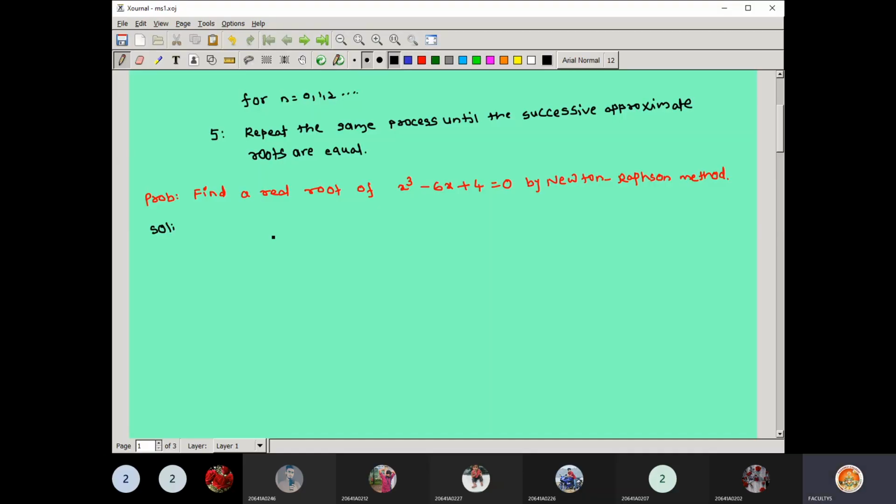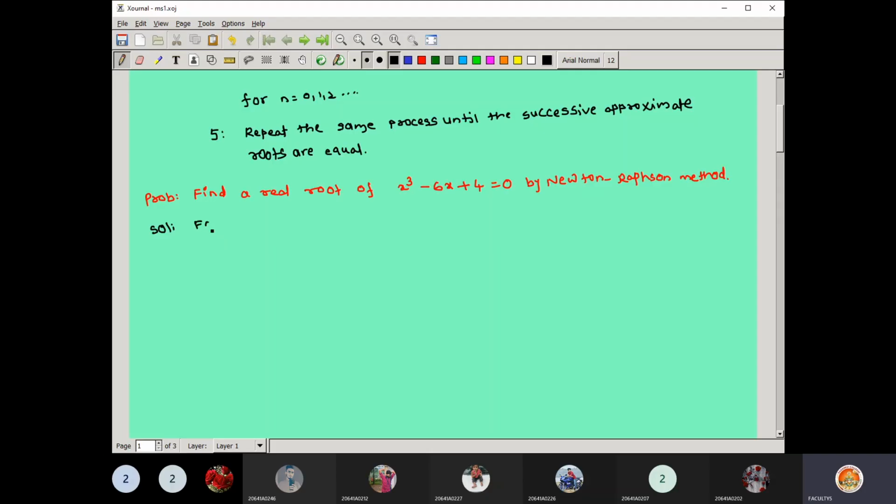So an expression is given and we are going to calculate the root. Is the given expression algebraic or transcendental? There is no special function in it, so directly you can say that it is an algebraic equation.